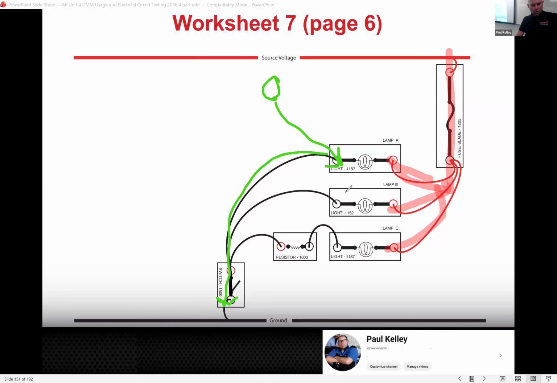All right, now, what about at this point? Should be 0. What about at this point? You'll have some voltage. Yeah, exactly. Because if you look at it, now we're worried about this part of the circuit all the way down to this part of the circuit where they rejoin. And if you notice, this is actually series, right? It's got to go through this one and then through this one. So these are going to share.